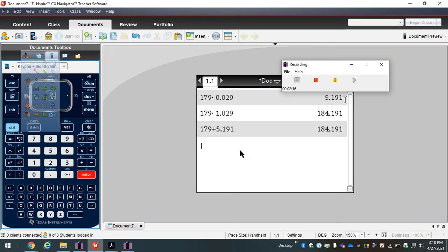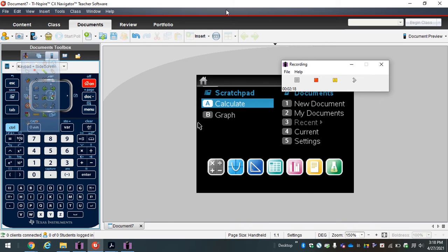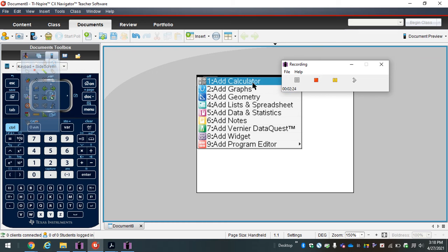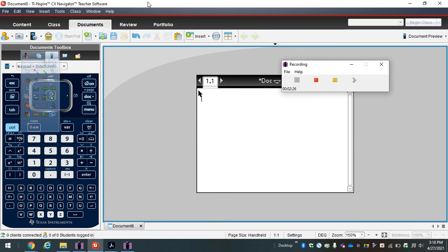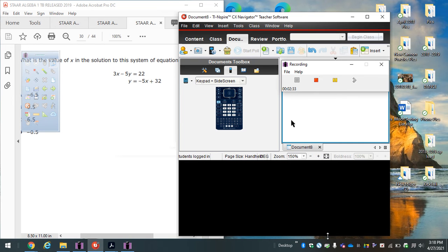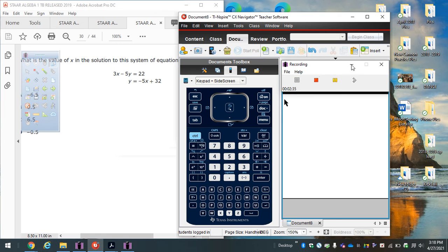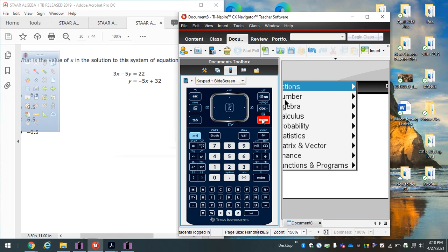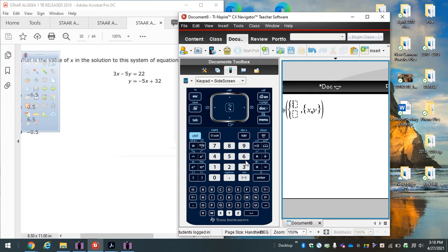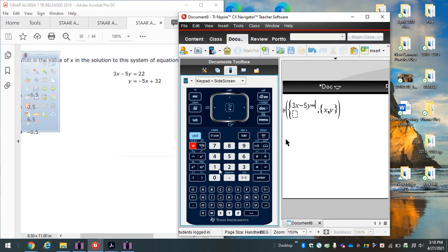So we're going to go to the calculator part, and then go straight to a new document. We're going to go with menu 3, 3x minus 5y equals 22.